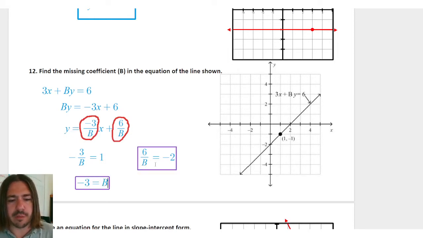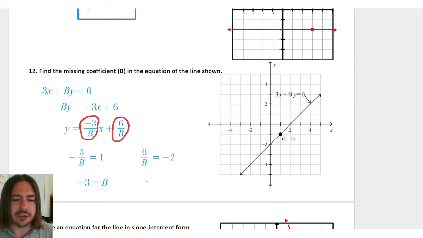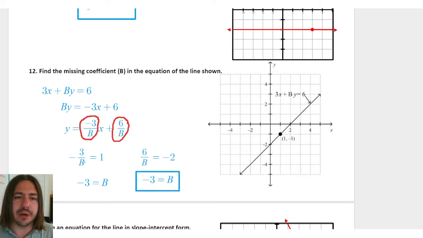If over here I multiply both sides by b, I get 6 equals -2b. And then dividing by -2 will give me the same thing. So in both of these cases, I do get -3 as b, and that's my answer. And if you have both of these pieces of information, it doesn't really hurt to do it both ways. That way, if you get the same number on both of these, then you know you did it right.